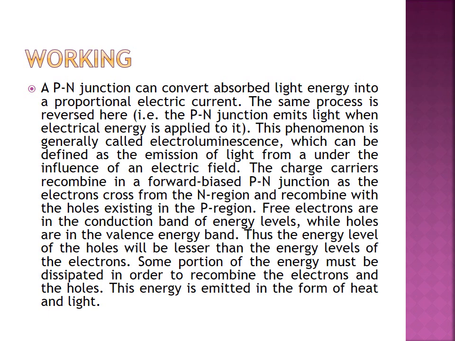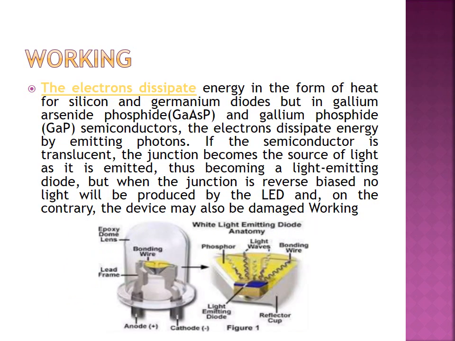This energy is emitted in the form of heat and light. The electrons dissipate energy in the form of heat for silicon and germanium diodes, but in gallium arsenide phosphate and gallium phosphate semiconductors, the electrons dissipate energy by emitting photons.